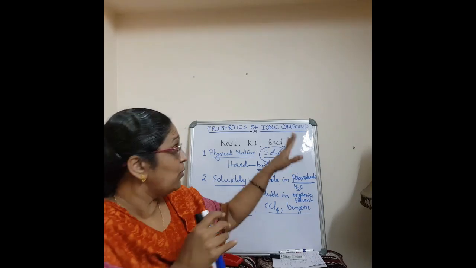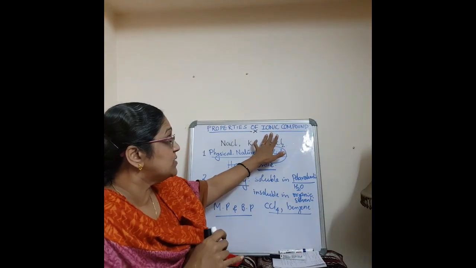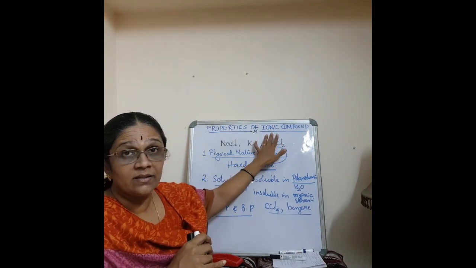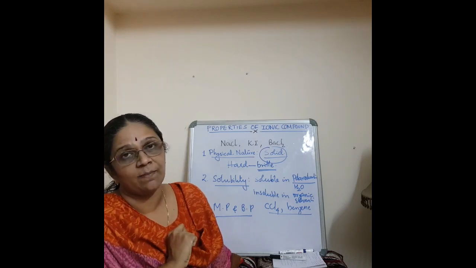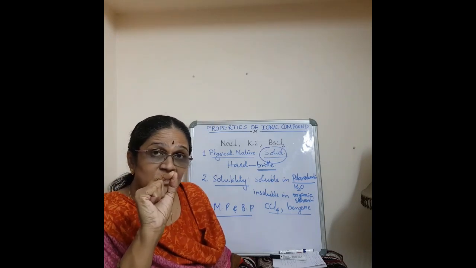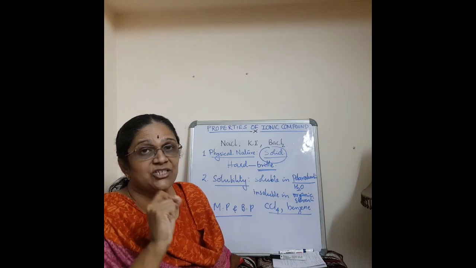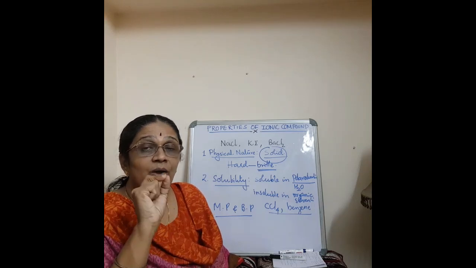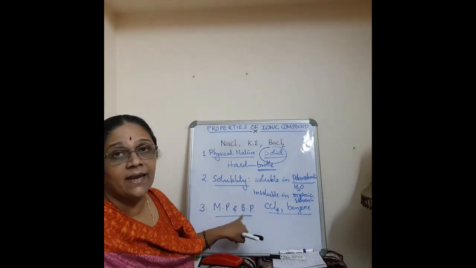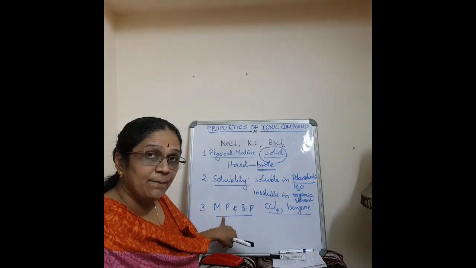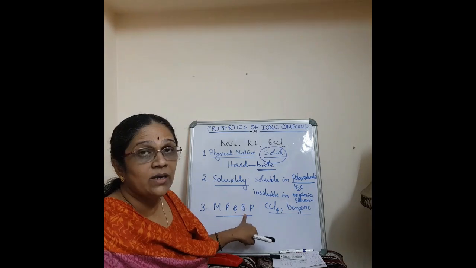So, you know, ionic compounds are what? Ionic compounds are very, very hard. That means there is a strong force of attraction between the molecules. And due to this strong force of attraction, the ionic compounds generally have high MP and BP. MP means melting point and BP means boiling point.